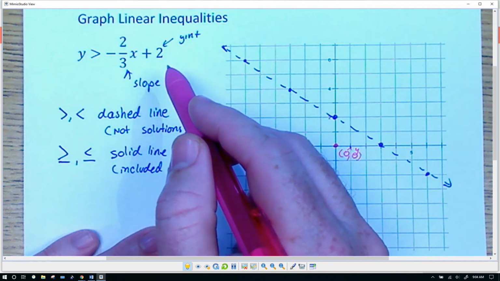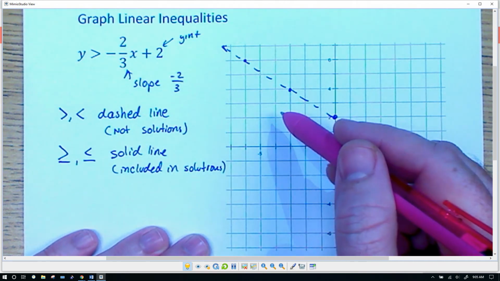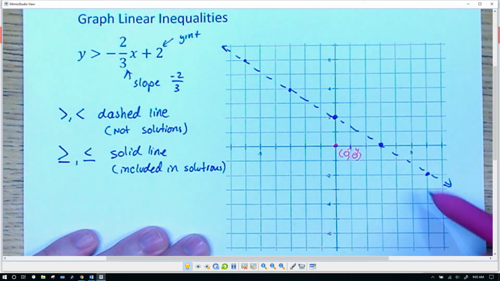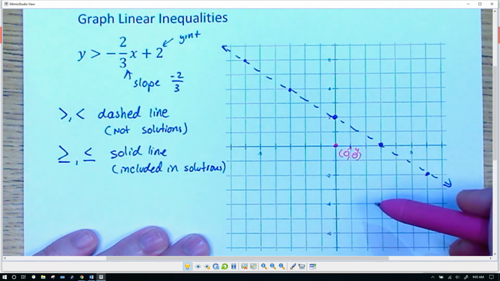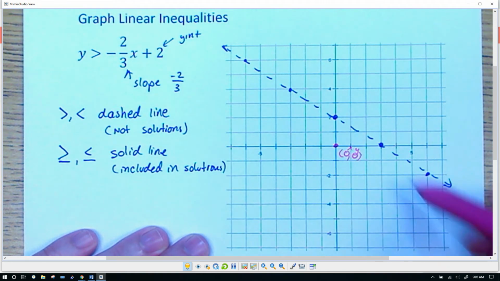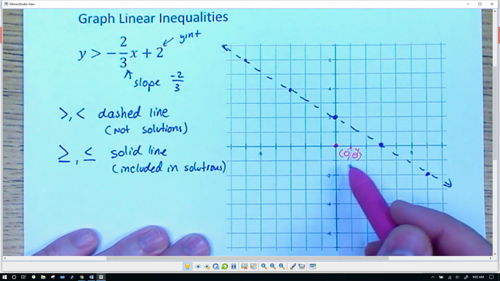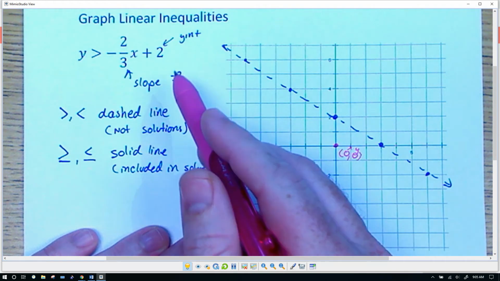If it's true, I'm going to shade where 0, 0 is. If not, I'm going to shade on the opposite side, because if it's true, then they're all true on that side. If this side's false, then they're all false, and the other side will be true. One side will always be true, one side will always be false. You just need to choose a point and check to see if it's true or false.